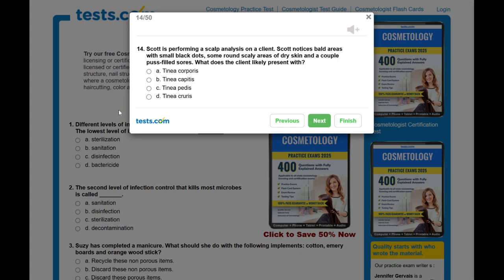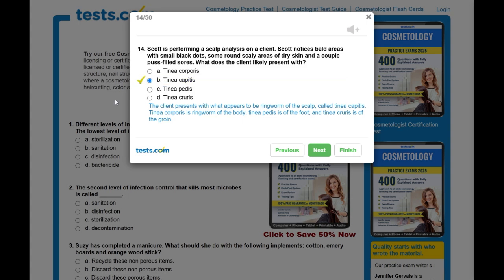C. Tinea pedis. D. Tinea cruris. B. Tinea capitis. The client presents with what appears to be ringworm of the scalp, called Tinea capitis. Tinea corporis is ringworm of the body. Tinea pedis is of the foot, and Tinea cruris is of the groin.